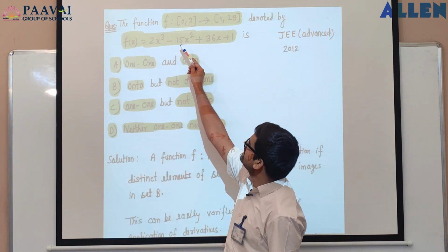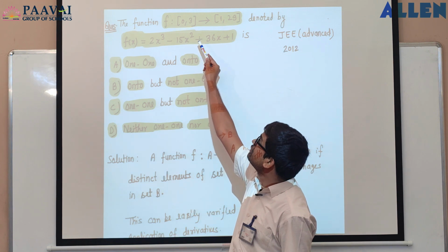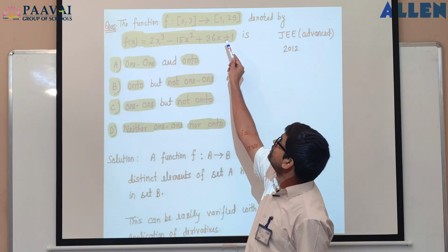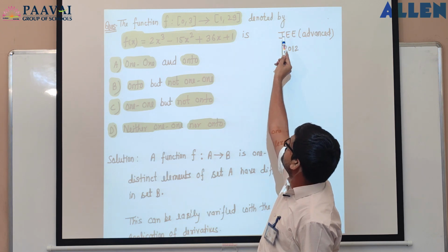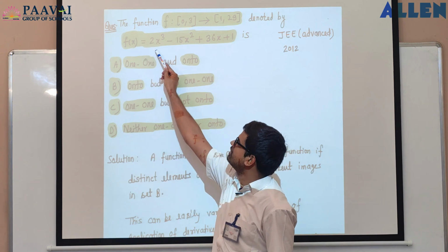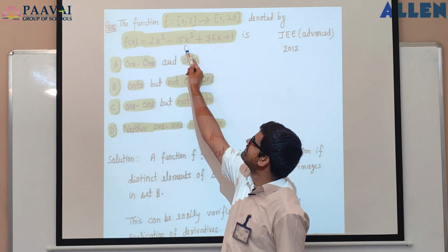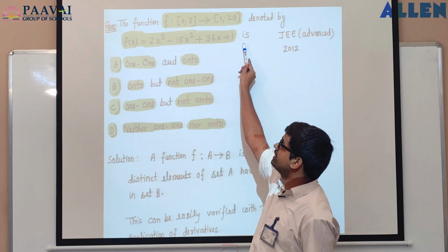We have a function f from the closed interval [0, 3] to the closed interval [1, 29], and f is denoted by f(x) = 2x³ − 15x² + 36x + 1.